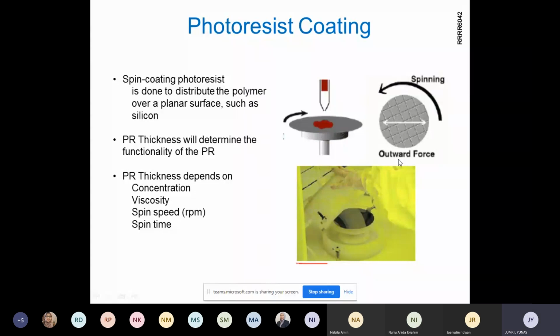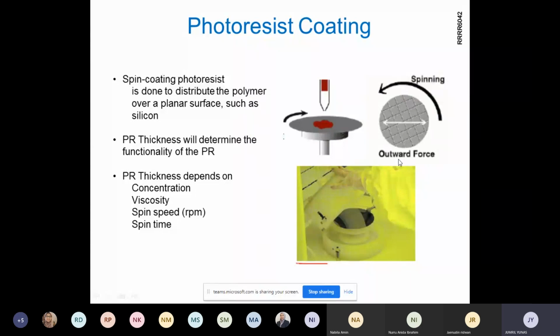Thin photoresist is normally used for metal deposition, or for a sacrificial layer, or as a mask for soft etching, not hard etching, because we just need the pattern.